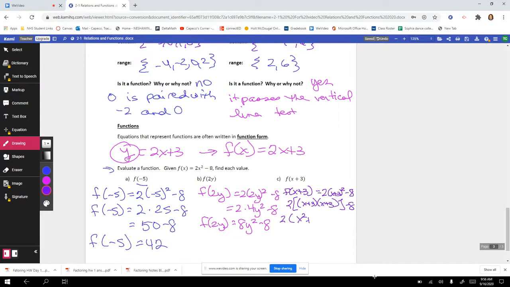So I have x squared plus 3x plus 3x plus 9, minus 8. I'm going to combine my like terms: x squared plus 6x plus 9, minus 8. Distribute that 2 through. So I have 2x squared plus 12x plus 18 minus 8. In the end, I'll combine my like terms. f of x plus 3 is equal to 2x squared plus 12x plus 10.